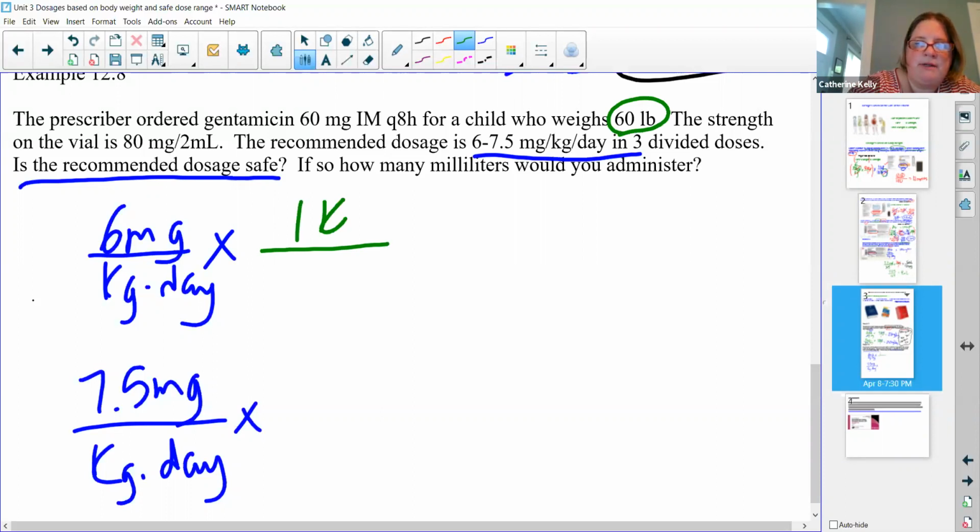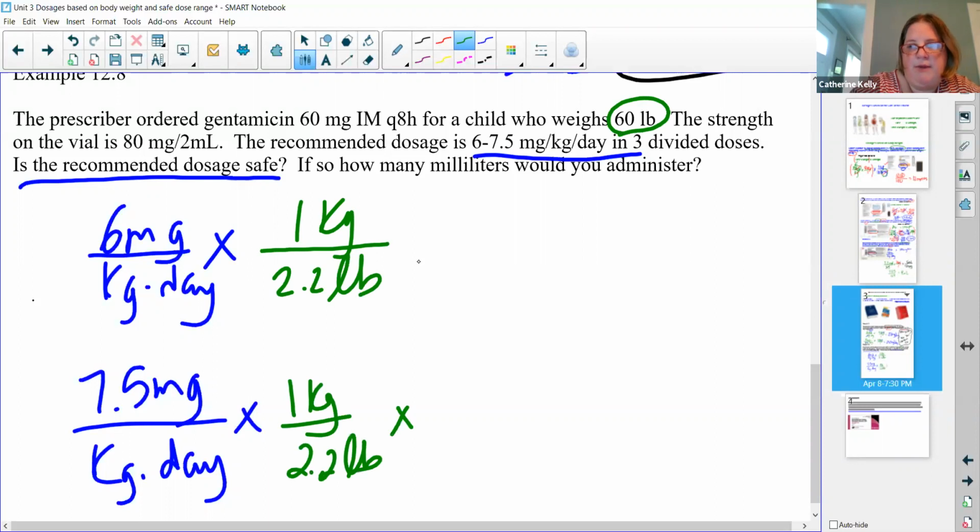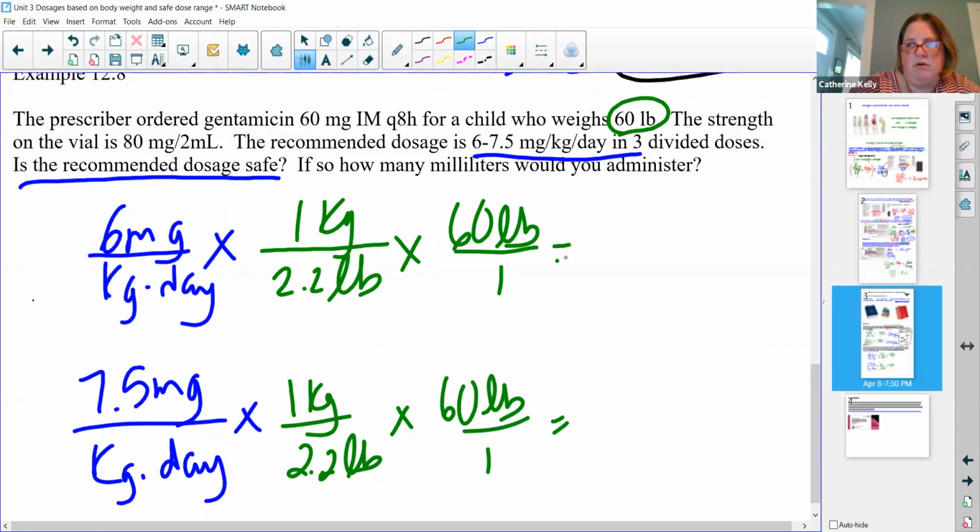So for every 1 kilogram, it's 2.2 pounds. And then the patient's weight is 60 pounds. Your pounds cancel, your kilograms cancel, so you know you put everything in there correctly, and you'll see how many milligrams per day this patient can have.